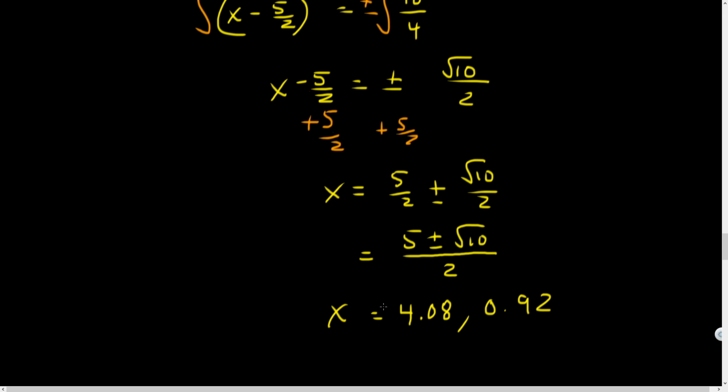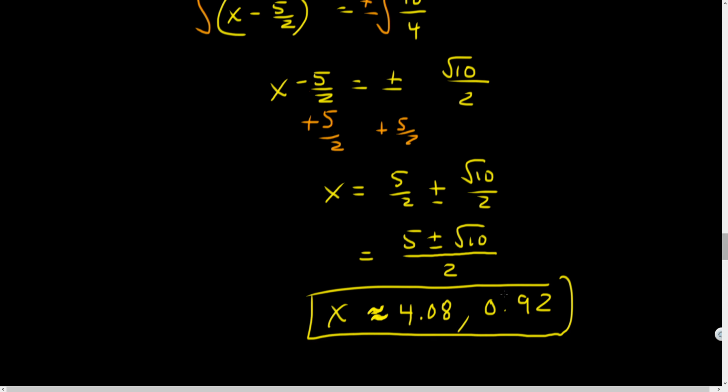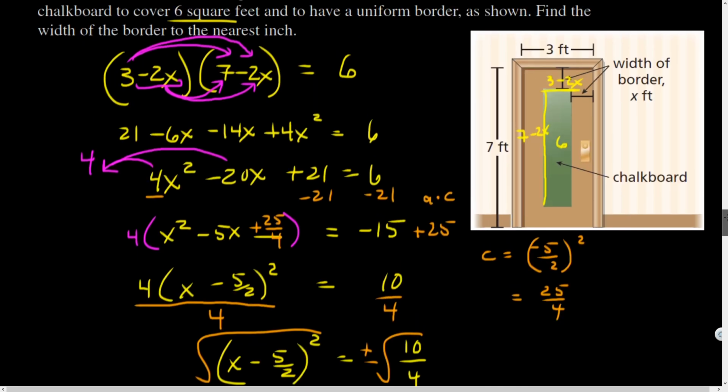This is an approximation sign, by the way. I get 2 possible answers here. What? I was expecting one of them to turn out negative, but that's not necessarily the case.